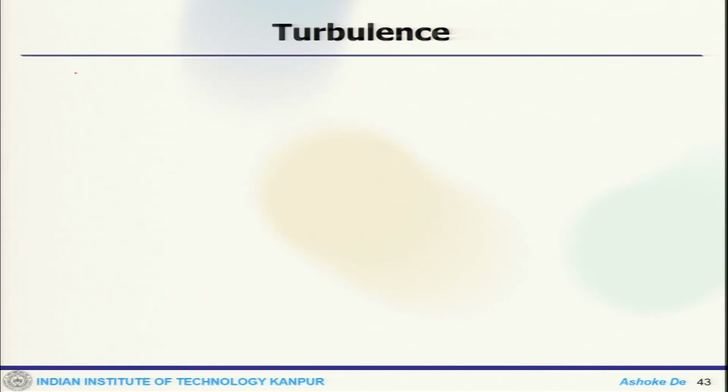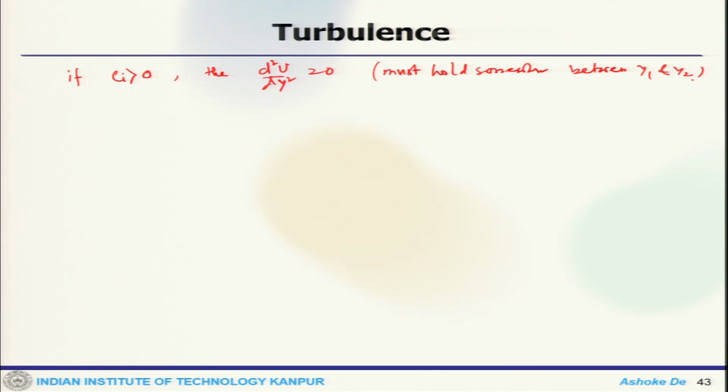Now, if c i is greater than 0, then d2U by dy2 equals to 0 must hold somewhere between y1 and y2. So, this is a necessary condition, but not a sufficient condition in general.